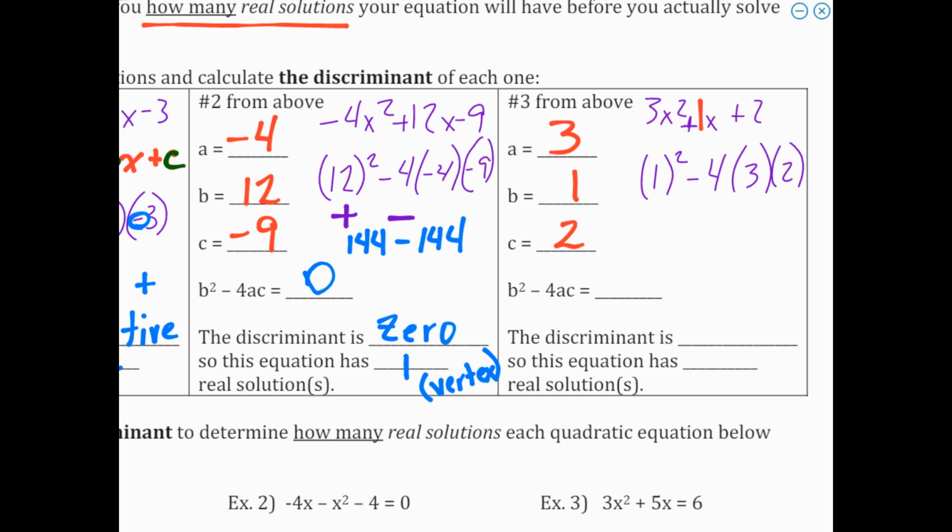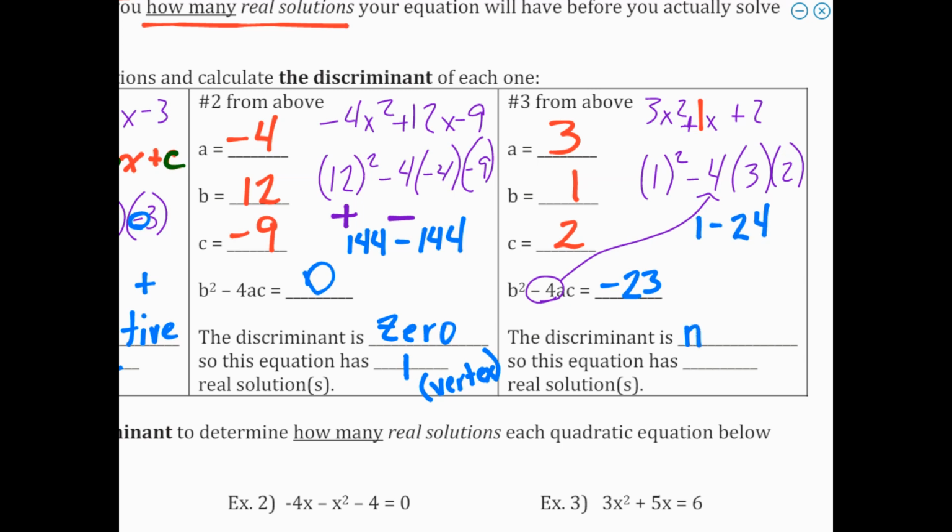How did you get the minus 4? Because it's part of my equation. So that minus 4 is part of the equation there. And everything I substituted in, I put in parentheses to help me remember that that's what I substituted in. So you would get negative 23, because 1 squared is 1, and then minus 24 is negative 23.